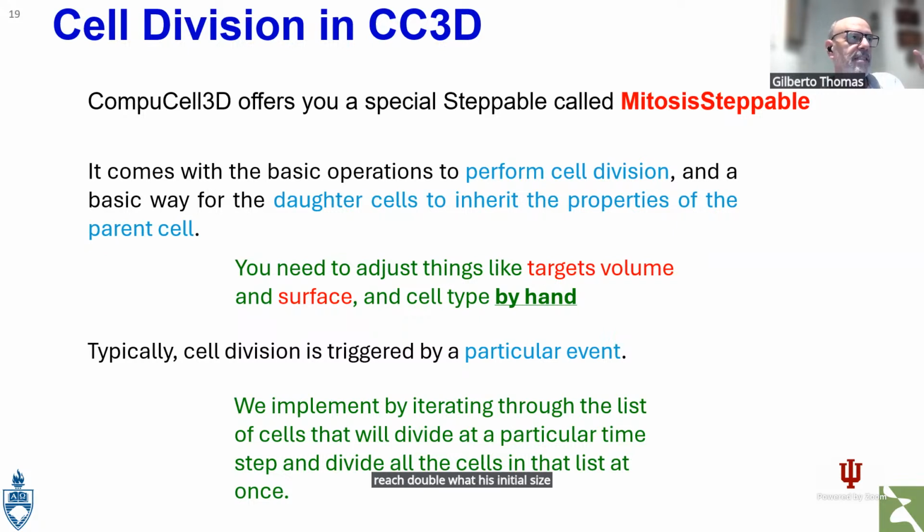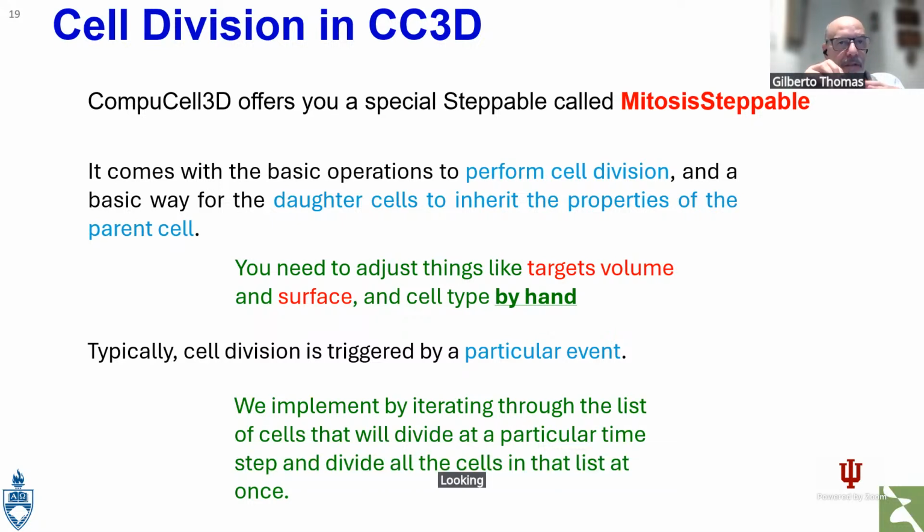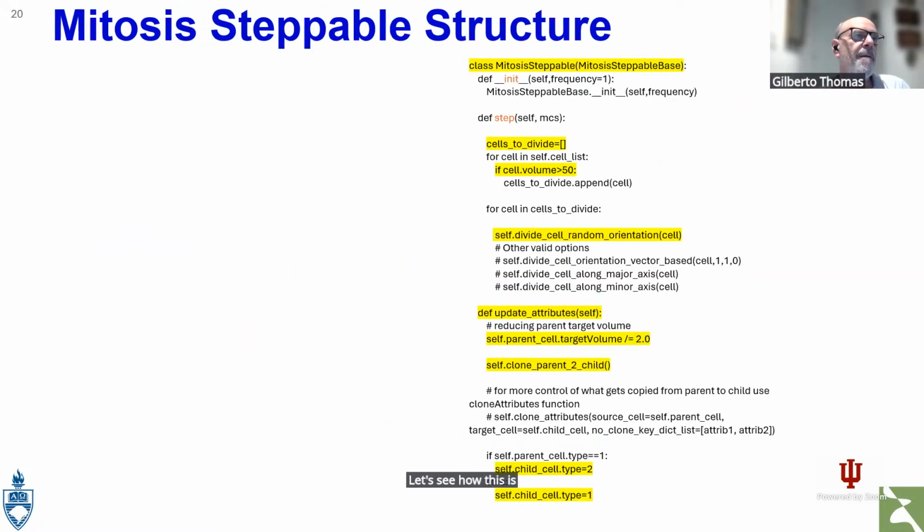So if we have a bunch of cells in our simulation, we iterate over all the cells, looking at their actual volume, and see if this volume is ready to be divided or not. Let's see how this is done here. This is the structure of the mitosis steppable.